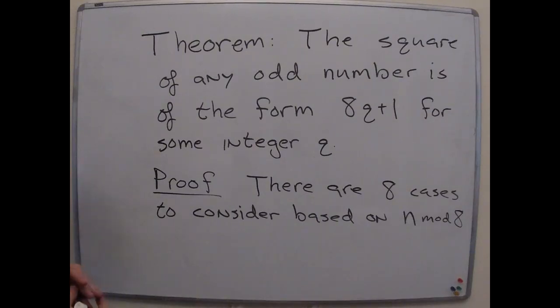Many of them we will not have to worry about, because if I take a number n and divide it by 8 and I end up with an even remainder, that's going to mean that the number was even. So we could include all 8 cases, or you could put something up front, which is what I'm planning to do, that says the cases where n mod 8 is 0, 2, 4, or 6 are even numbers.